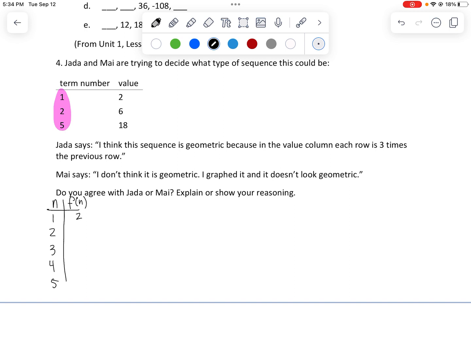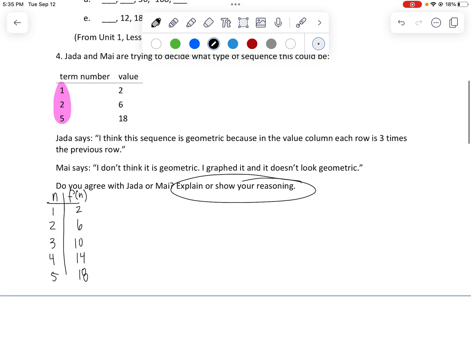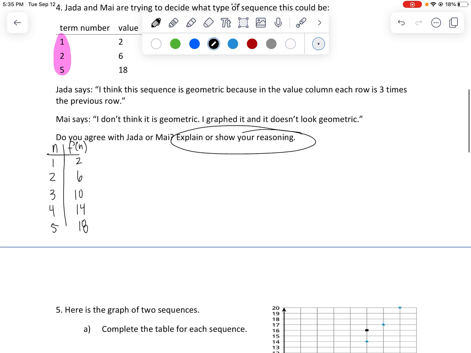We know that 2 is the first one, 6 is the second one, 3 and 4 are skipped, and then 18. So the way it's written out in the original table, it looks geometric because it's multiplying by 3, but because it skips term numbers, it's actually arithmetic, and it's adding 4 each time. So you can explain that or look at the key to see an explanation of why that would work.